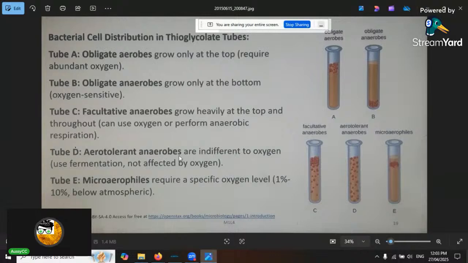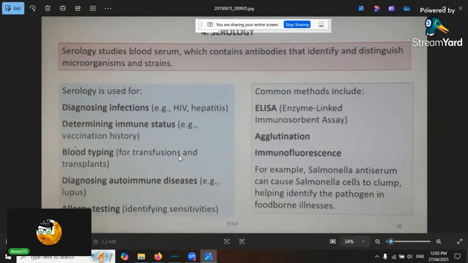Oxygen experiment. There's serology, the study of blood serum. Another question.